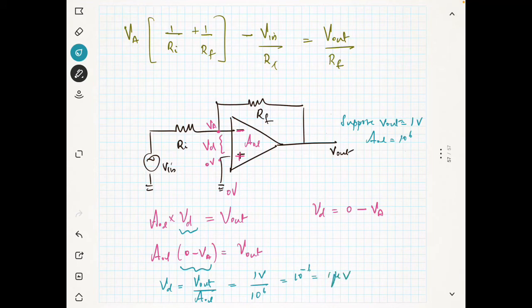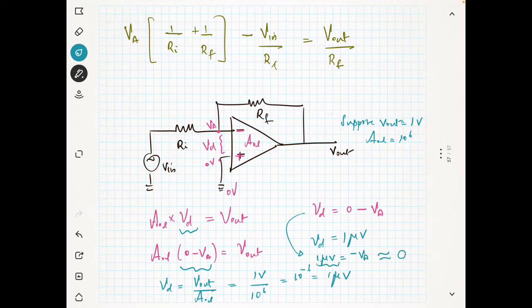That means my VD is equal to 1 microvolt. That means my VA, from this equation, VD equal to 1 microvolt is equal to minus VA. This is a very small number, so I can say that this is approximately equal to 0.